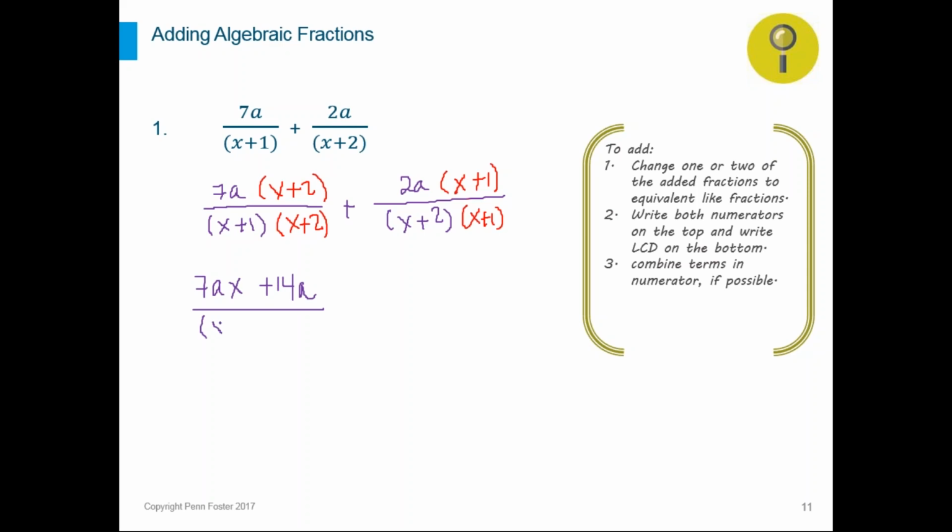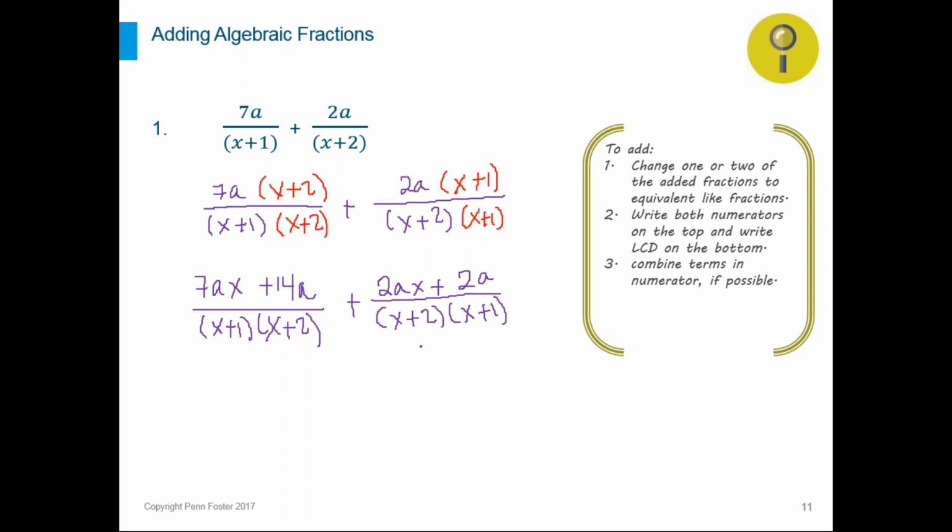The denominator is untouched: x plus 1 times x plus 2. Still, I have to add the second fraction. 2a times x will give you 2ax, plus 2a times 1 will give you 2a. And then the denominators will be x plus 2 and x plus 1. Okay, not done yet. I need to write my answer as one fraction.